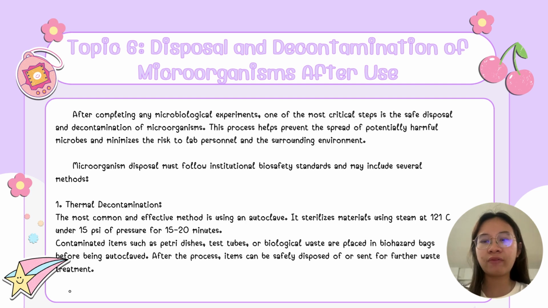The most common and effective method is using an autoclave. It sterilizes materials using steam at 121 degrees Celsius under 15 psi of pressure for 15 to 20 minutes. Contaminated items such as petri dishes, test tubes, or biological waste are placed in biohazard bags before being autoclaved. After the process, items can be safely disposed of or sent for further waste treatment.